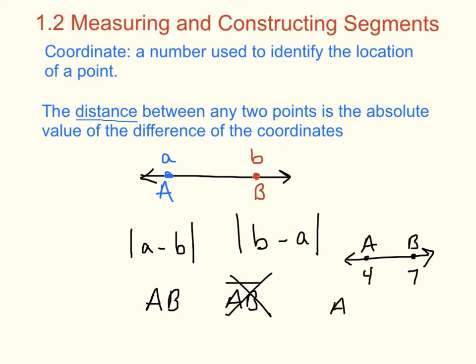You would say that the distance AB is equal to 3. Notice that I did not use a segment symbol. This is why it's so important in geometry to label and to put the correct terms down, because if you don't, they mean 2 completely different things. So make sure when you're identifying the length or the distance of something, you are not using a segment symbol.